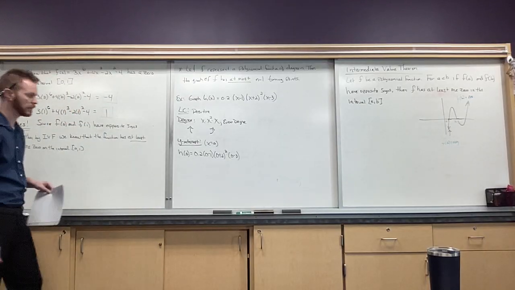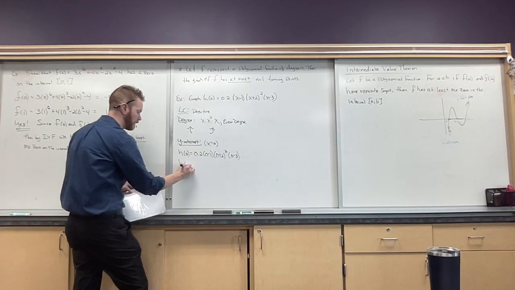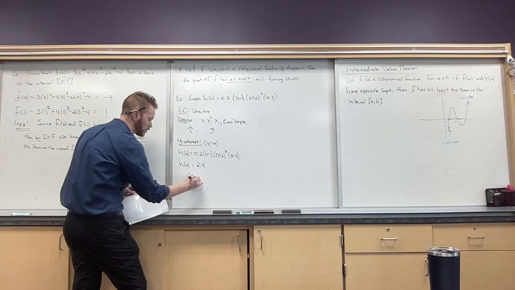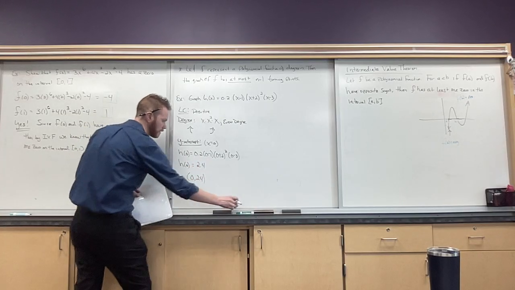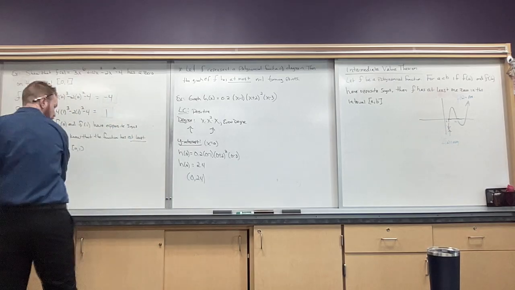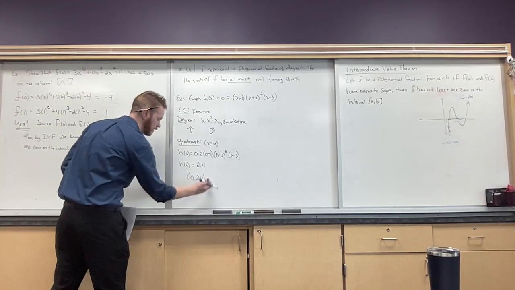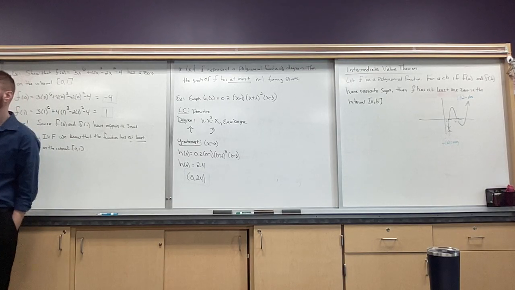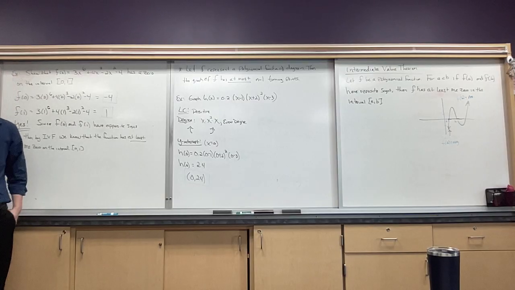And just to save a little bit of time, when you simplify that, you get the answer to be 2.4. So my y-intercept is going to be at (0, 2.4). Okay? What do you think? So far, so good?